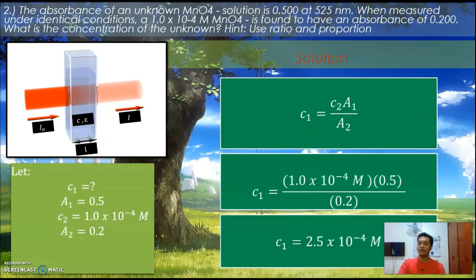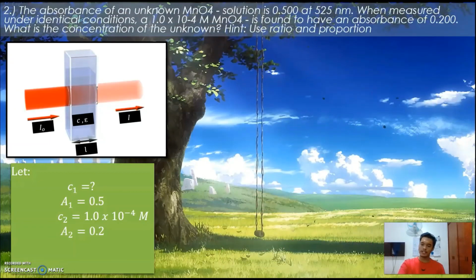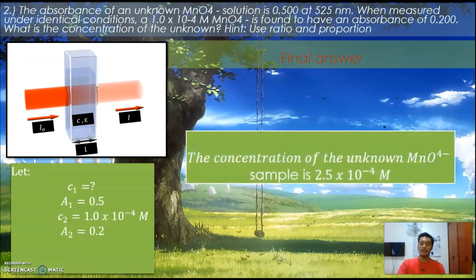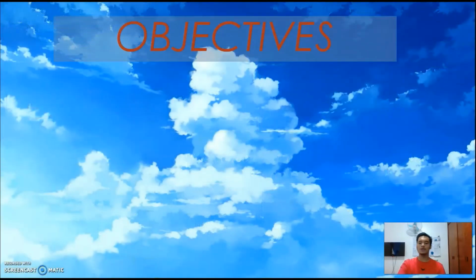Therefore, our concentration is 2.5 times 10 to the negative 4 molars. And it makes sense because molars is a unit of concentration. Let's formalize this final answer by saying that the concentration of the unknown MnO4 sample is 2.5 times 10 to the negative 4 molars.